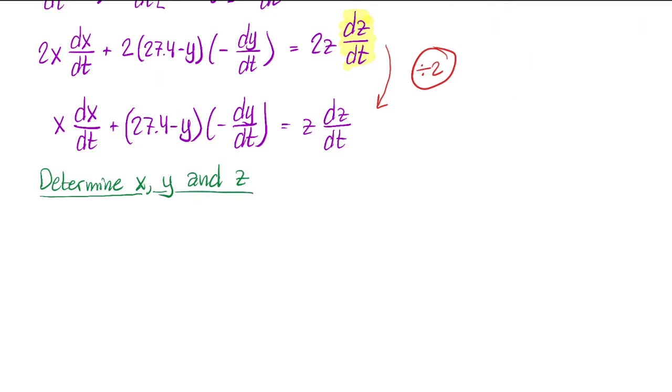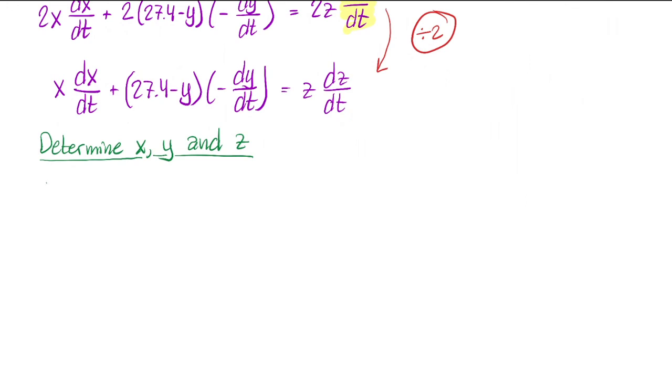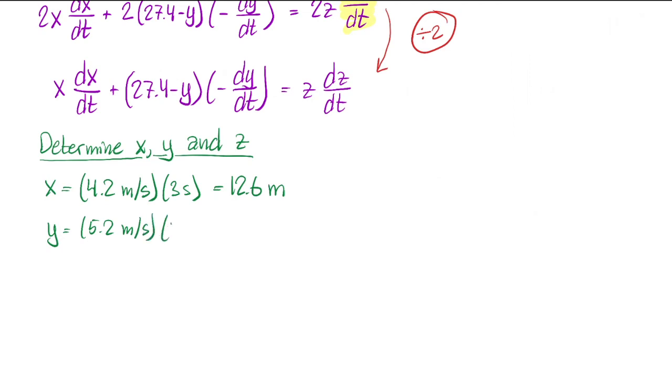So x is going to be equal to the speed at which Steve is running, which is 4.2 meters per second, and he's running for 3 seconds, which means that in 3 seconds he has covered 12.6 meters. For Mary, she's running at 5.2 meters per second, and also running for 3 seconds, which means she has covered 15.6 meters.